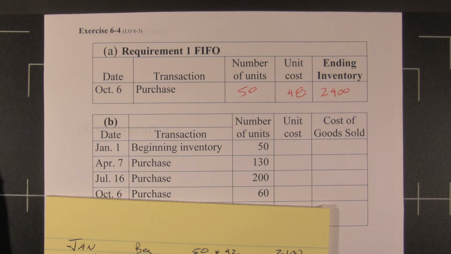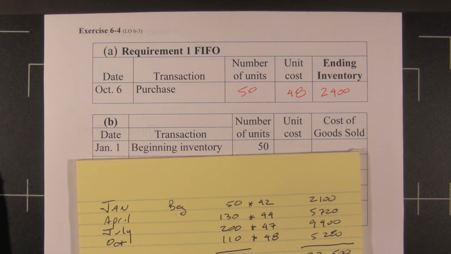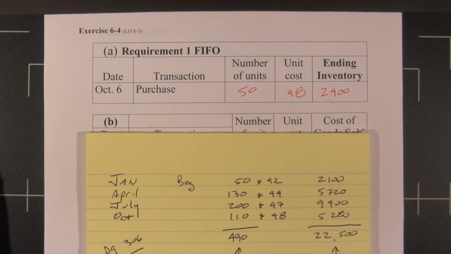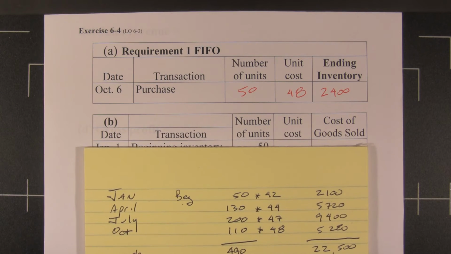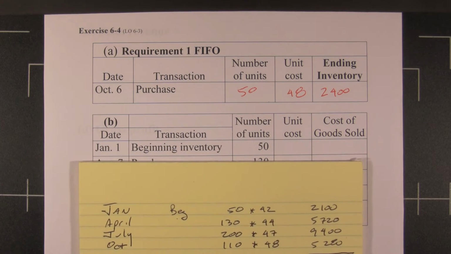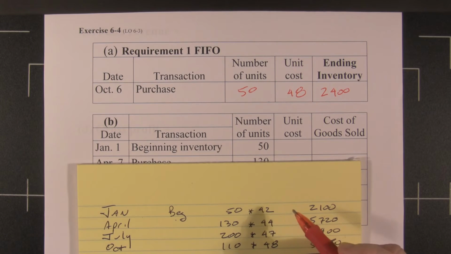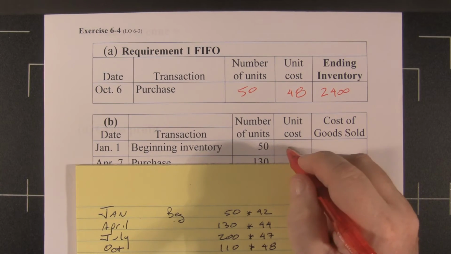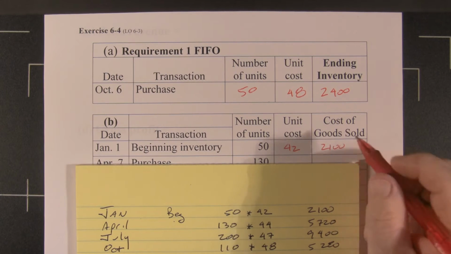Next, it asks us to compute the cost of goods sold. I'm going to do it their way first, but I'm going to show you my way, which I think is a lot easier and a lot less prone to error. So they're asking us to identify which units have been sold. So we sold these 50 under FIFO, first in, first out. So we sold those 50 at $42 each.